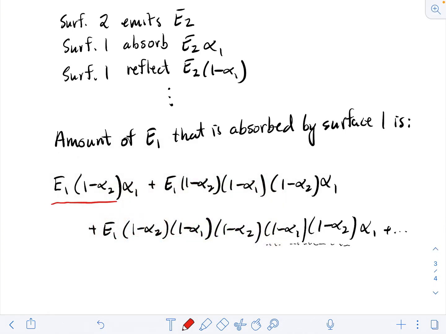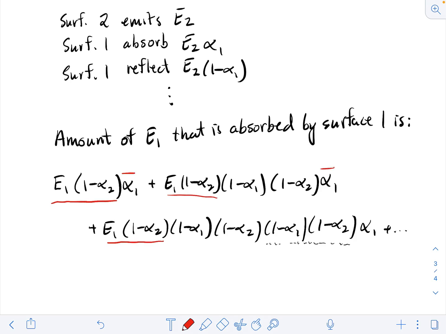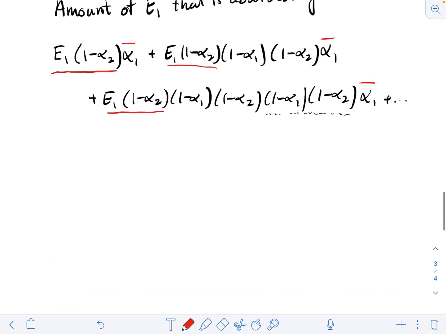Okay, so when we look at all these terms, there are some common factors: E1 times 1 minus alpha 2, E1 times 1 minus alpha 2, E1 times 1 minus alpha 2, and then there's a common alpha 1 at the end. And so we can factor these out, and when we add up all these terms, we can re-express it as E1, 1 minus alpha 2 times alpha 1. Those are all the common factors.